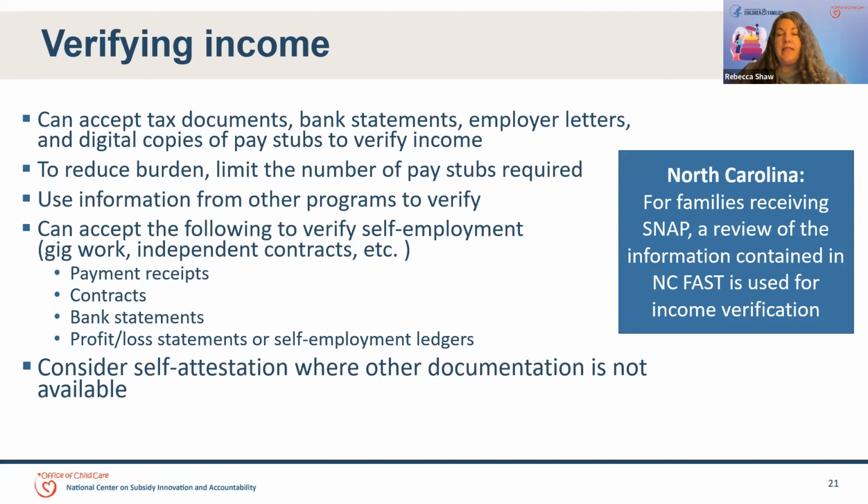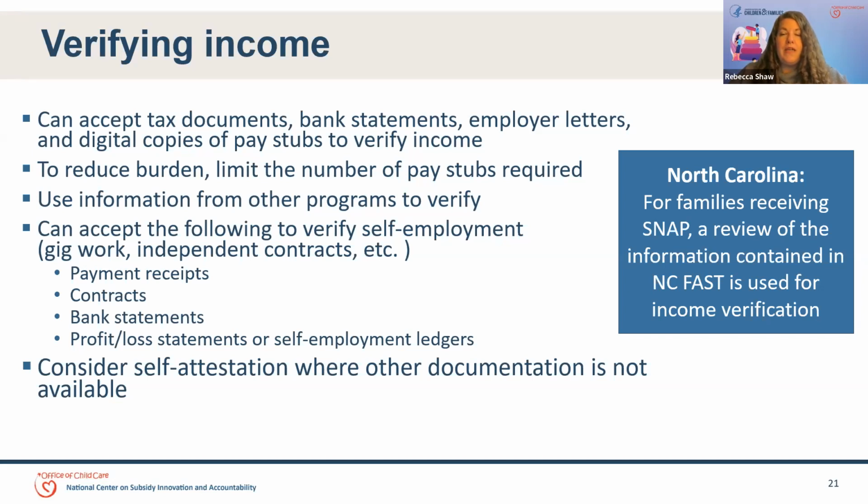Limiting the number of pay stubs required to support income verification can also reduce burden, as well as accepting digital copies of documentation. Most of our business and payroll information is done online now, and digital copies are often much easier to obtain. You can also be flexible when verifying self-employment, including gig workers like Lyft drivers and Instacart shoppers.